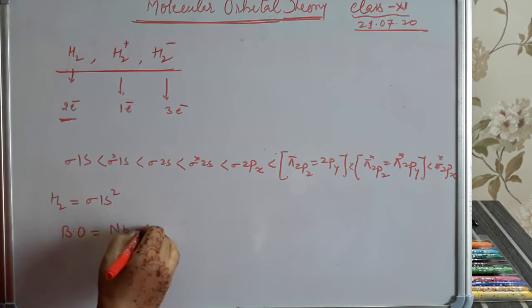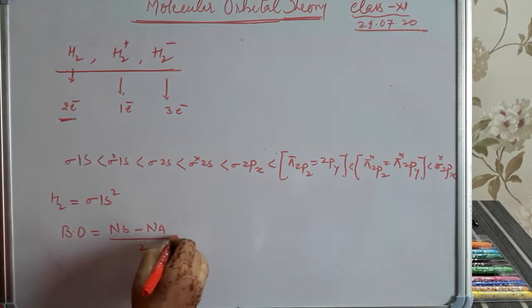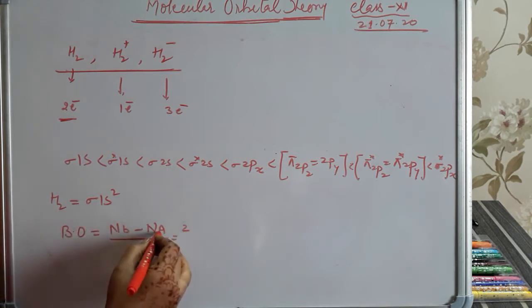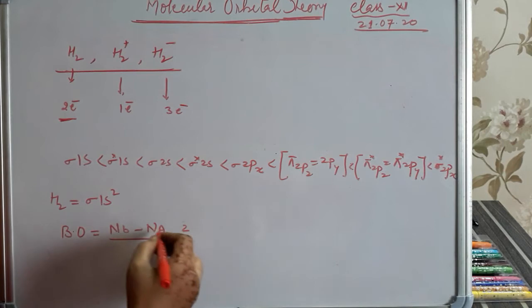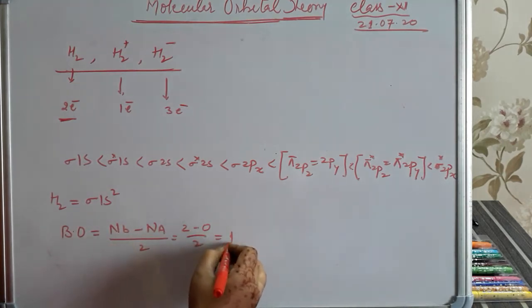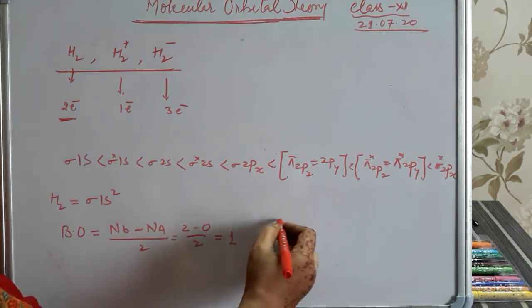Bond order is Nb minus Na, the number of bonding electrons minus the number of anti-bonding electrons, divided by 2. Bonding has 2, and no electron is present in the anti-bonding molecular orbital, so we find a bond order of one.